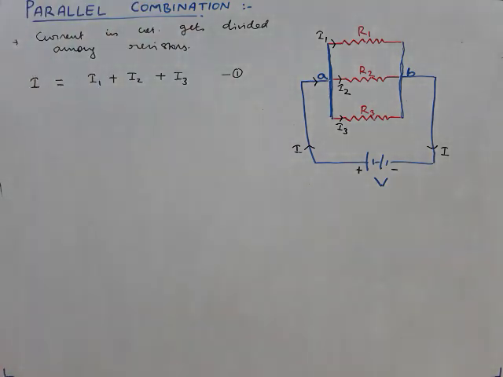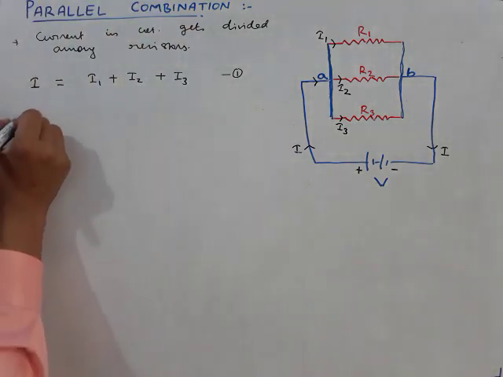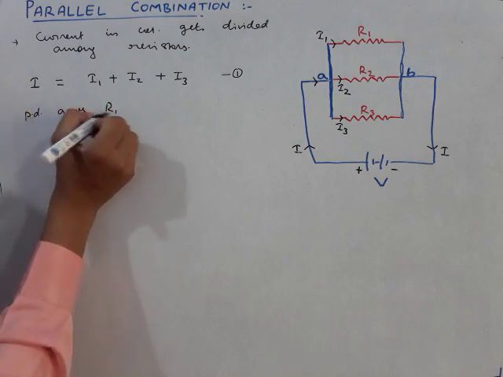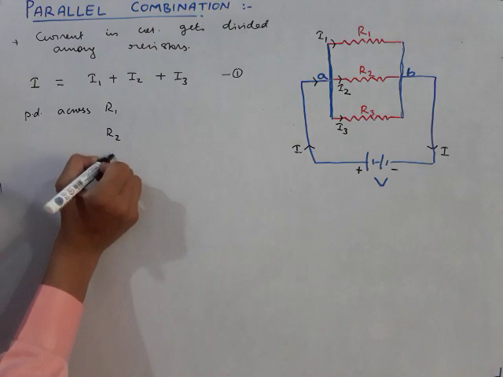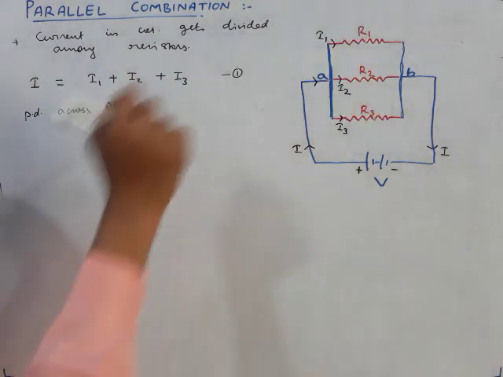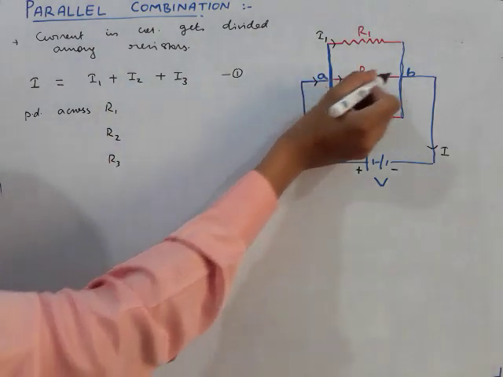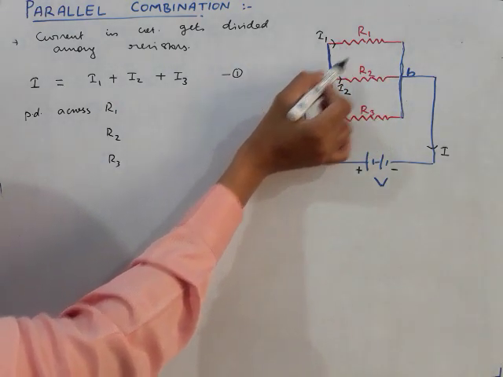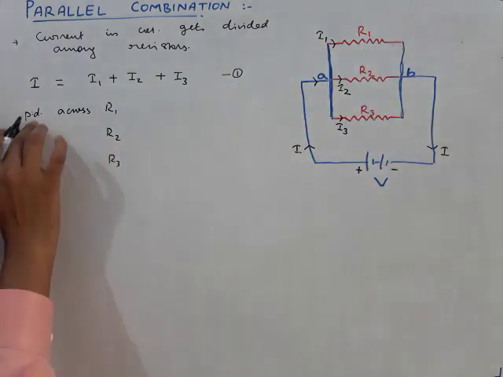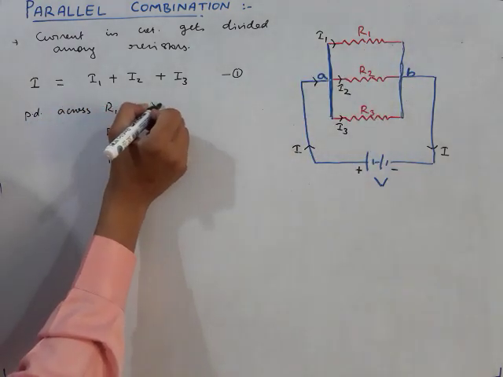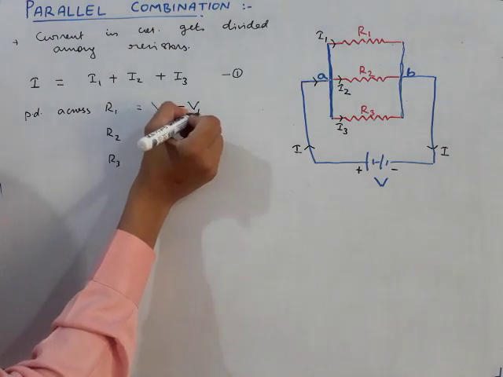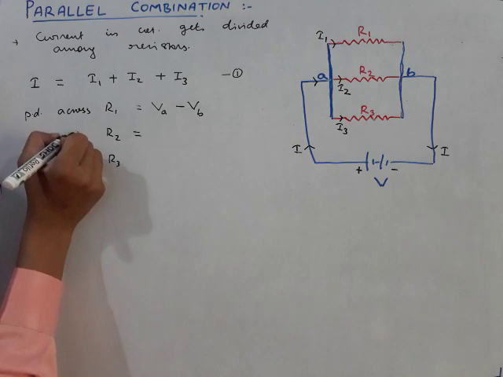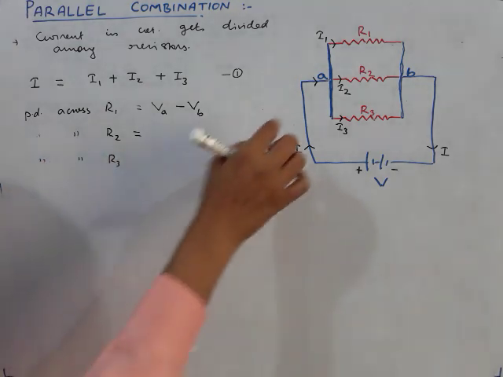Let's see the potential difference across R1, R2 and R3. R1 is connected between which two points, if I ask? Your answer will be A and B. You see, this end of the wire is connected to point A, this end is connected to point B. So the potential difference across R1 is nothing but VA minus VB. Likewise, the potential difference across R2 will be how much?